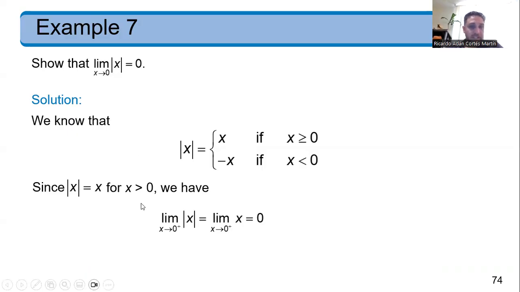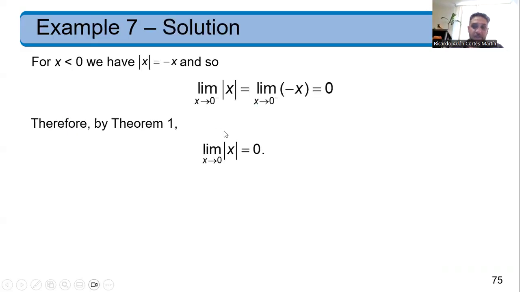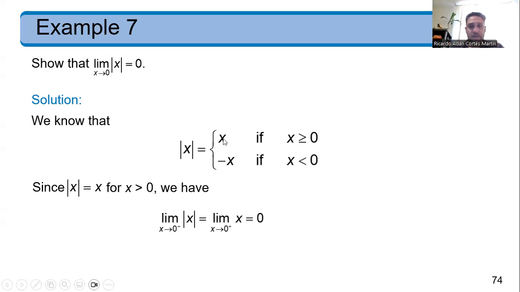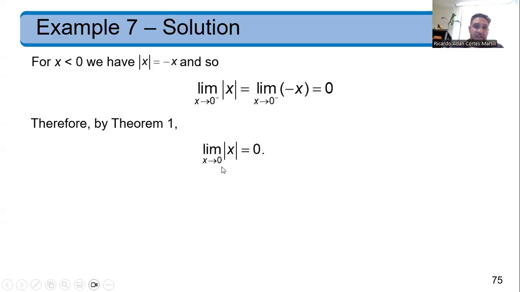We can take the limit from the left and from the right. The limit of x as x tends to 0 from the right is 0, and the limit of negative x as x tends to 0 from the left is also 0. Since both limits are 0, the limit exists and it is 0.